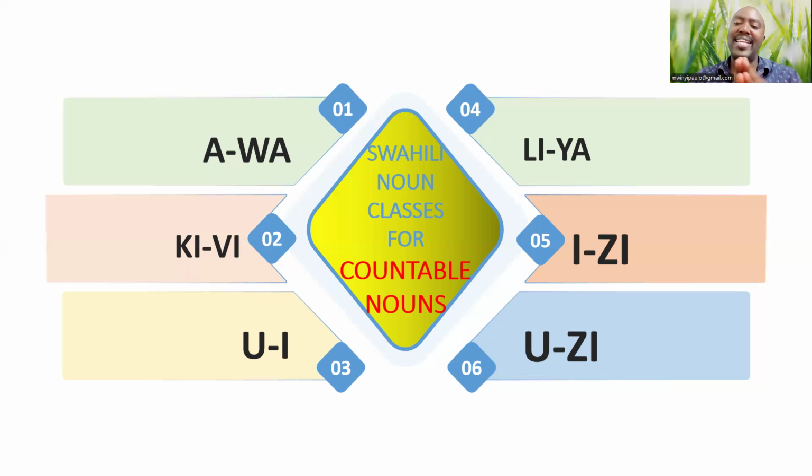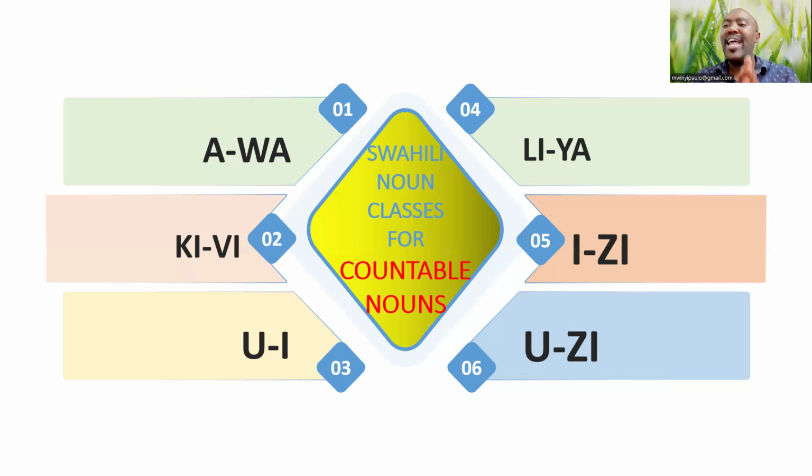The fifth one, z noun class. And the sixth, z noun class. These are the first noun classes for countable nouns. So any countable noun you come across, you'll know it will fall under one of these first noun classes.